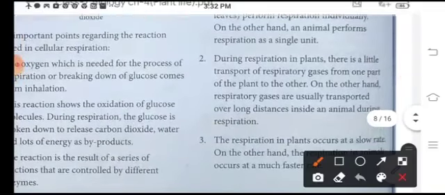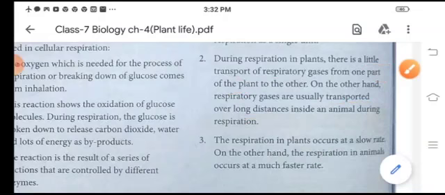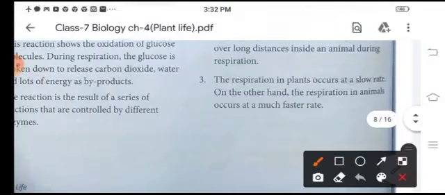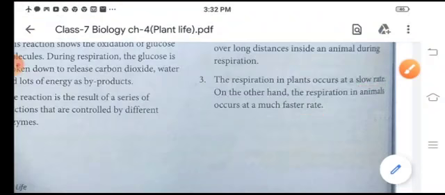During respiration in plants, there is little transport of respiratory gases from one part to the other, whereas in animals the gases are usually transported over long distances. The respiration in plants occurs at a very slow rate, whereas in animals it occurs at a much faster rate.